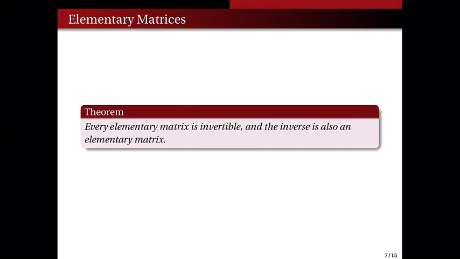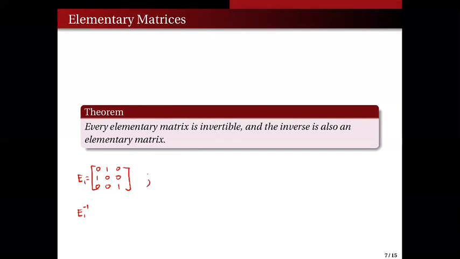So for example, you have this 0, 1, 0, 1, 0, 0, 0, 0, 1. This is, say, your elementary matrix E1. Let's try to find E1 inverse. The inverse of this is also an elementary matrix. So it's similar to how you obtain this E1 from the identity matrix.